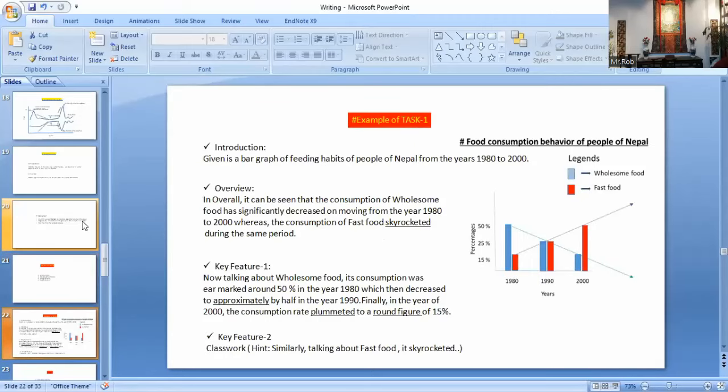For example, if you are given this diagram, you can see this is a bar graph or bar chart. And there are two parameters that are being compared. One is what? Wholesome food, and another is what? Fast food. And we can see the title of the graph reads like Food Consumption Behavior of People of Nepal.